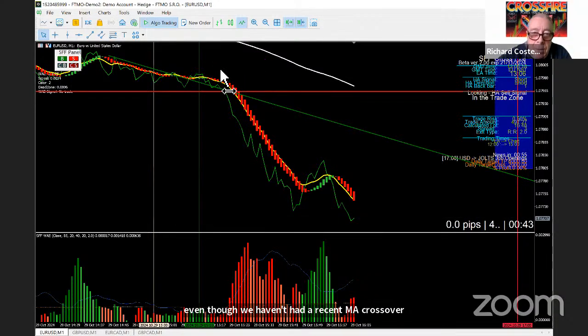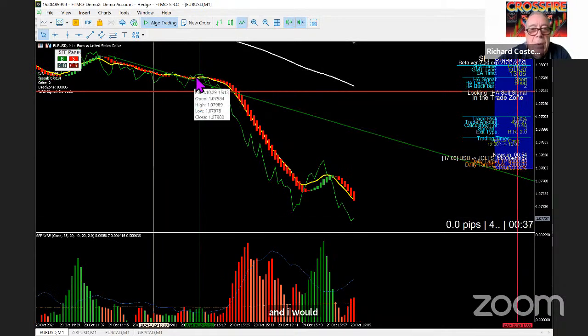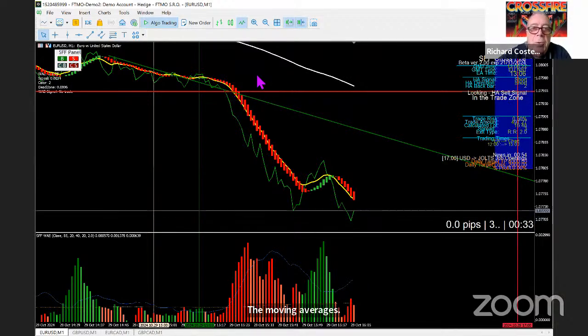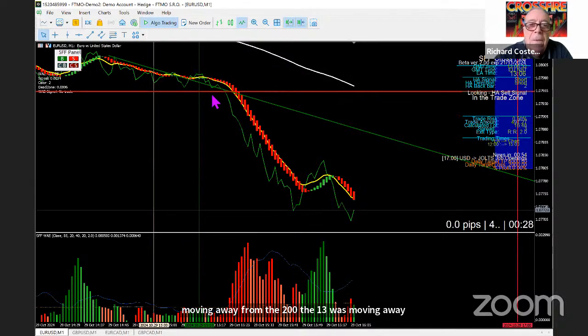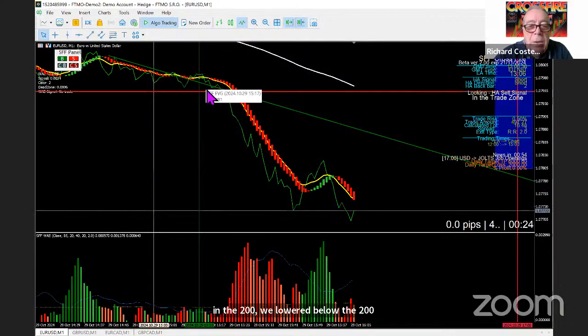And hopefully I would have spotted that the moving average was moving away from the 200. The 13 was moving away from the 200. We were below the red trend line, and we'd had a recent wave change.